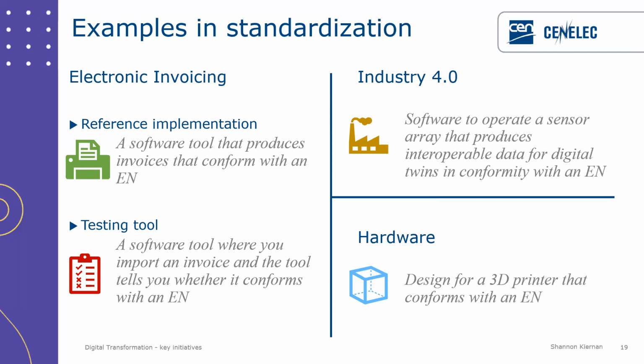We might have a standard that defines how 3D printers must work, and so you could have a reference implementation of how to create a 3D printer, an example of a design for one. These are examples that are not necessarily all real today, but they're just to get your imagination going of what could be possible if we were able to publish all kinds of different designs.